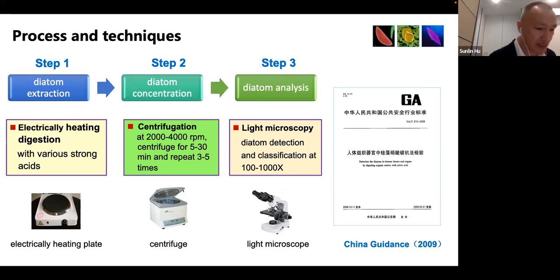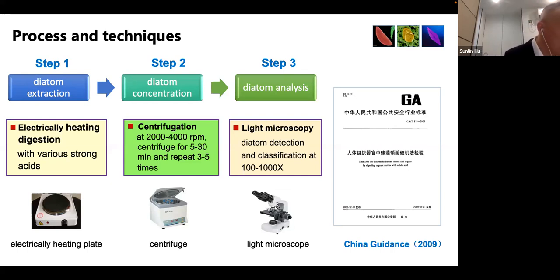The first step is diatom extraction: use an electric hot plate to heat the mixture of tissues and strong acids, such as nitric acid. Organic matter will be destroyed and become liquid, while frustules will remain in the liquid.